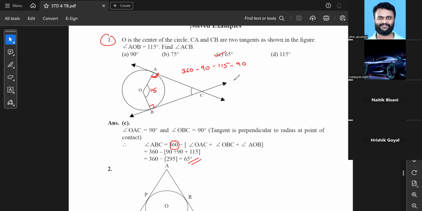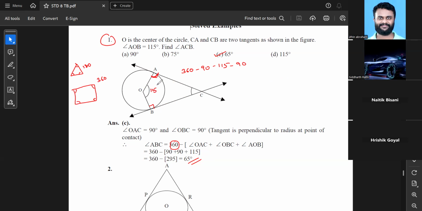Sir, can you explain this again? Sure. So basically, this is a quadrilateral. Now the principle of this quadrilateral is, just like inside a triangle all three angles add up to 180, similarly for a quadrilateral all four angles add up to 360.